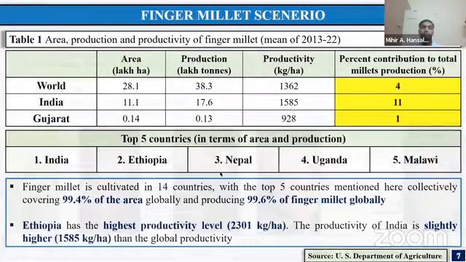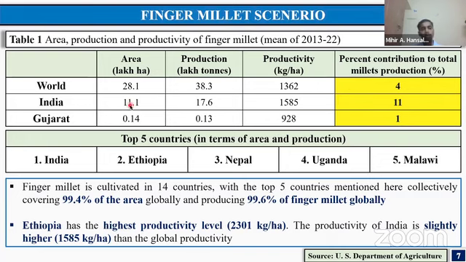If we talk about the finger millet scenario of our world, India and Gujarat, then in the world, finger millet is cultivated on 28.1 lakh hectare, producing 38.3 lakh tons at a productivity rate of 1,362 kilogram per hectare, which contributes 4% of total millet production.